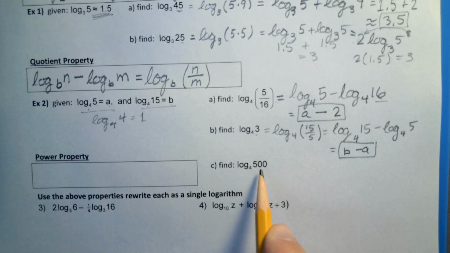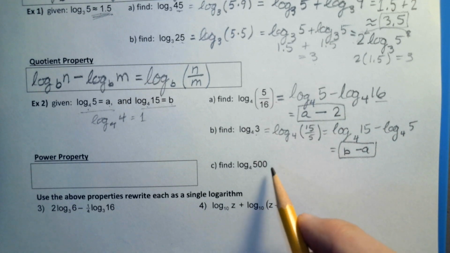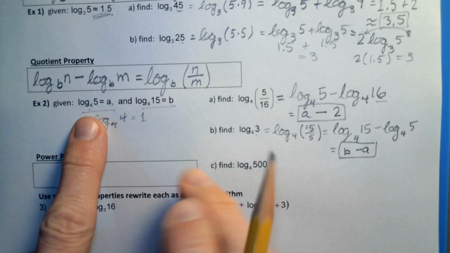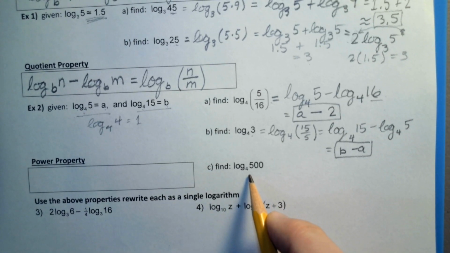All right, log base 4 of 500 now. Try that one. All right, and so we have to come up with 500, and we have to use 5s and 15s to come up with 500.